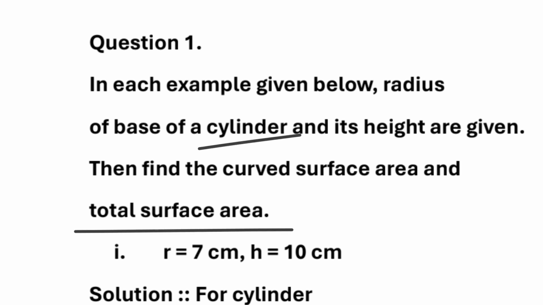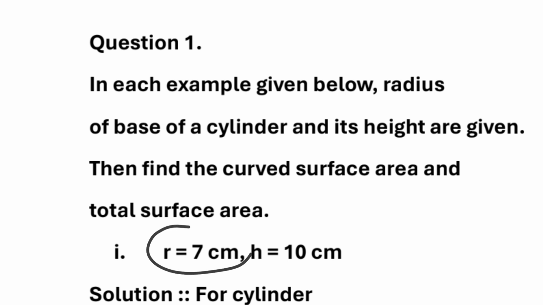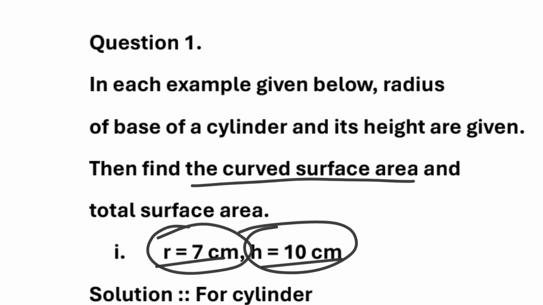Now we have first example given here: R is equal to 7 centimeter and H is equal to 10 centimeter. With the help of this radius of base and height of a cylinder, we will find out first the curved surface area of the cylinder, then the total surface area.